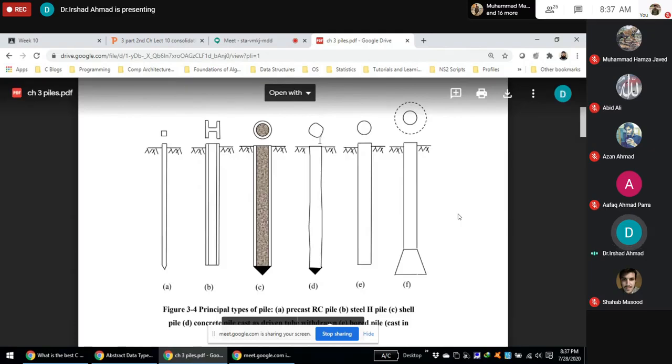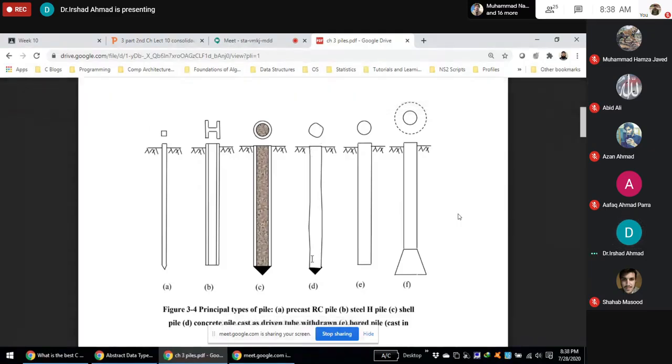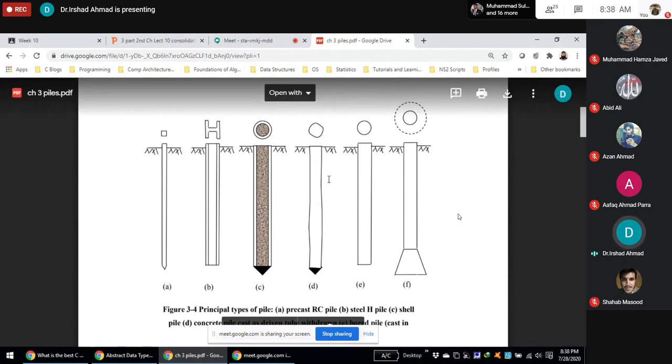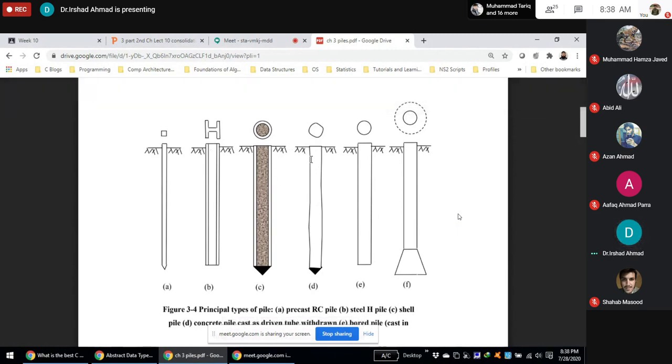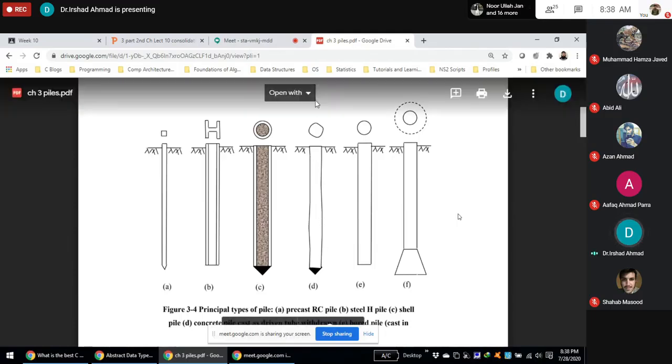This also, first you drive a steel tube pile, and then you put concrete, and then you withdraw the steel pipe pile. So this one results.